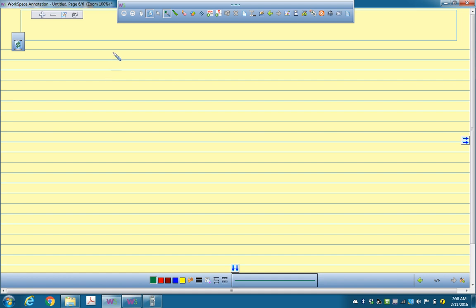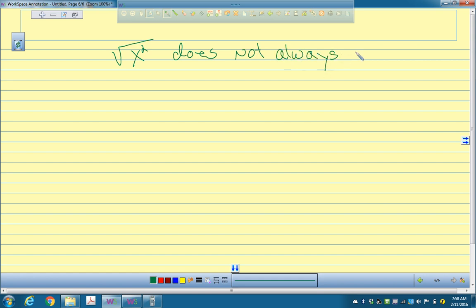The square root of x squared does not always equal x, okay? For example, if I put 4 in there, or excuse me, if I did f of 4, what do I get out? What's f of 4 for this function?